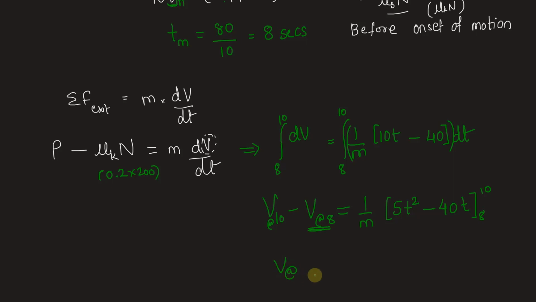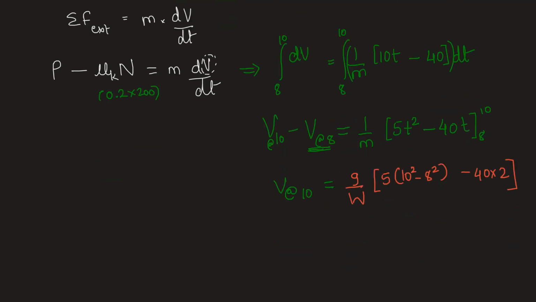That is why we have velocity after 10 seconds is equal to 1 by m, which can be written as g by W, into 5 into t square, that is 10 square minus 8 square, minus 40 into 10 minus 8. Let's just substitute and find out the final answer.